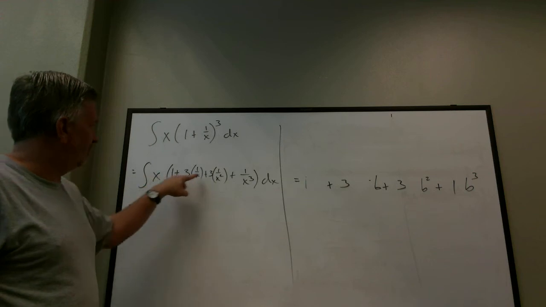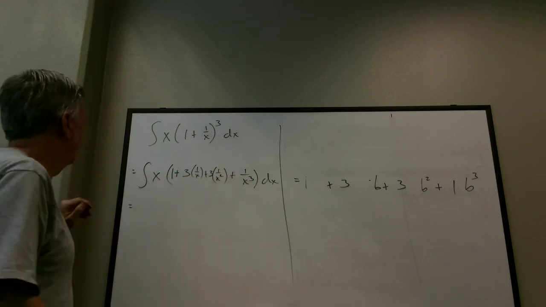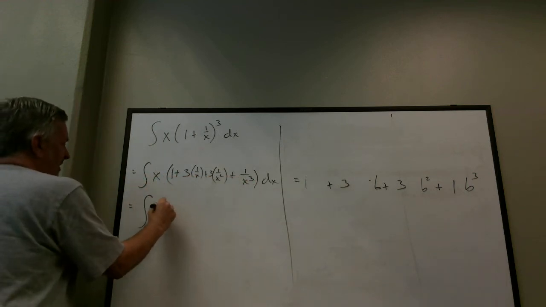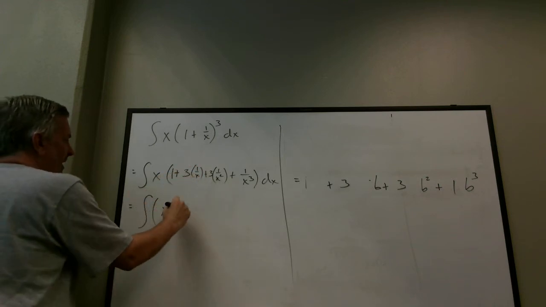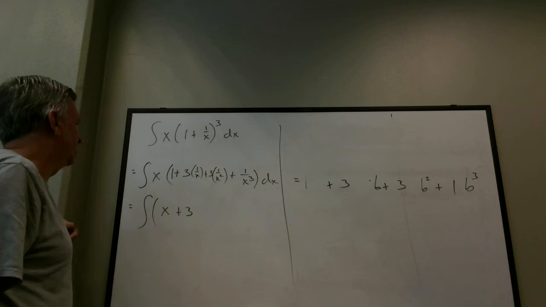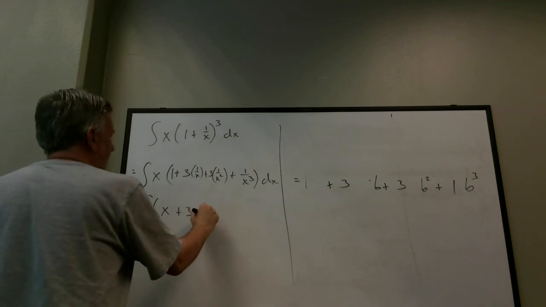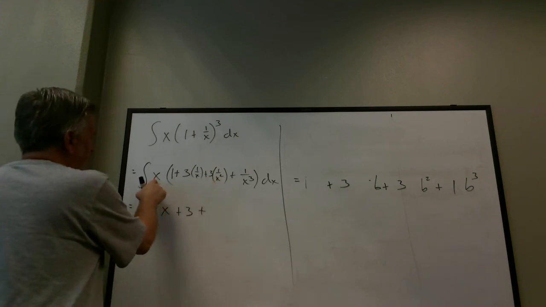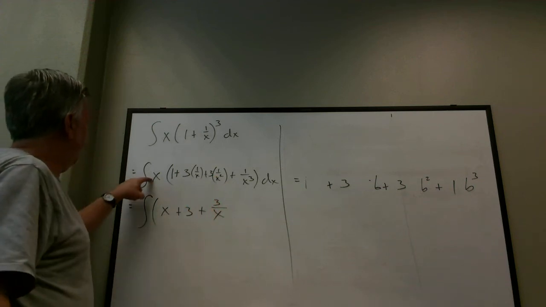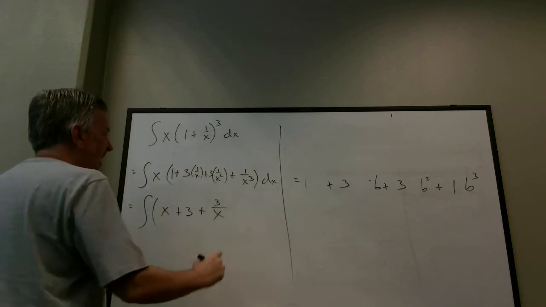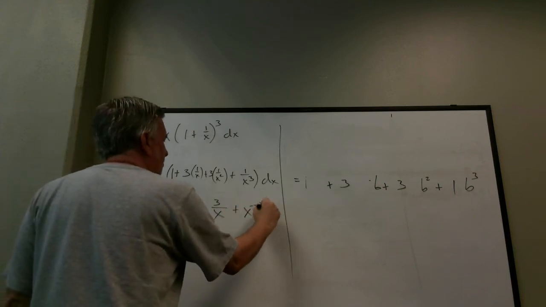So now I'm just going to distribute the x, and x times 1 is x. x times 3 times 1 over x is just 3. And then I'll have a 3, an x cancels with an x in the denominator, I get 3 over x. And then x times 1 over x cubed is 1 over x squared, or x to the minus 2.